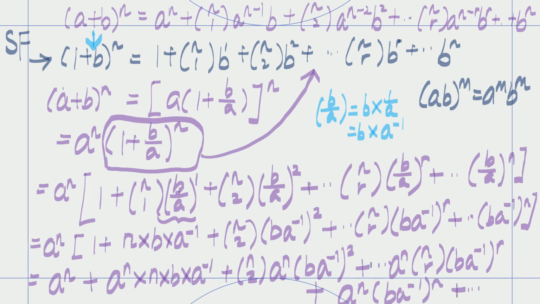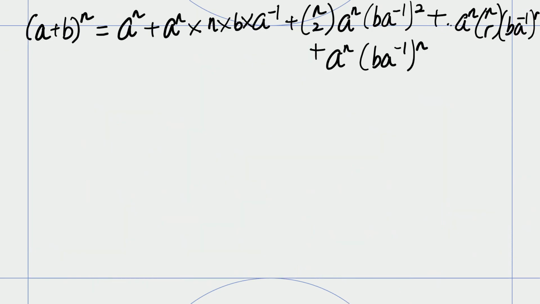Alright, we continue at the next slide. Let's continue with what we have learned earlier. Let's continue to simplify it. Right, so if you were to look at this, this is a to the power of n times a to the power of negative 1. Right, so we need to apply this rule that you learned in your indices.